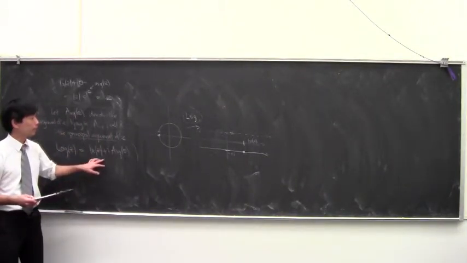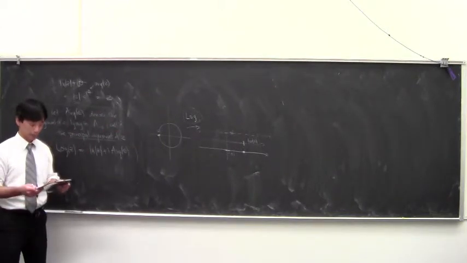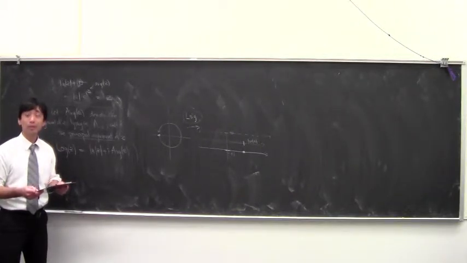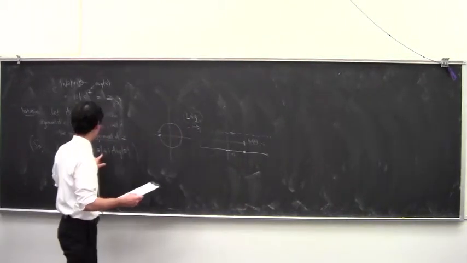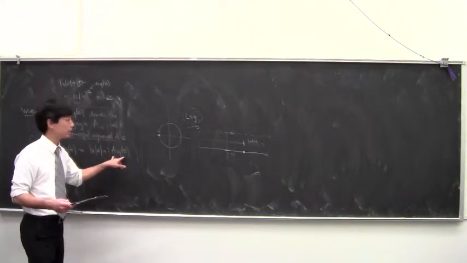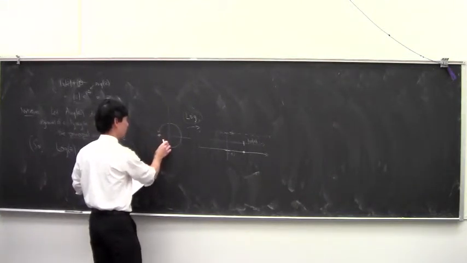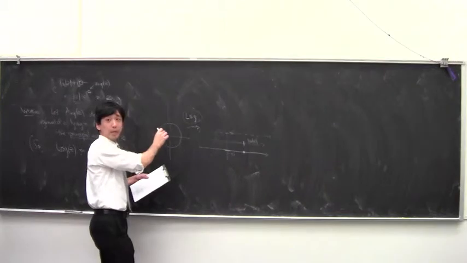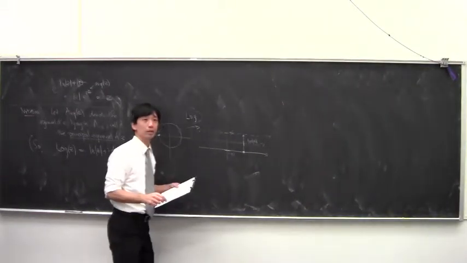What happens to the image over there? Basically it goes vertically. It goes straight up, right? Because the modulus doesn't change. What's changing is the argument, and you can see what the argument is. The principal argument starts out at negative pi, and then goes to 0, and then goes to pi. So what's going to happen is it goes like this, right?